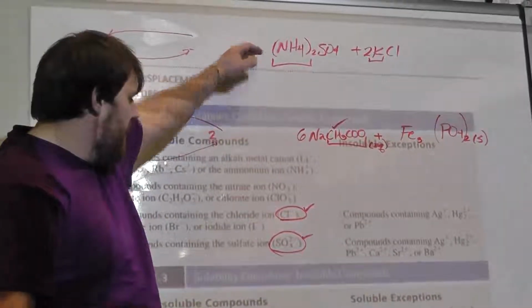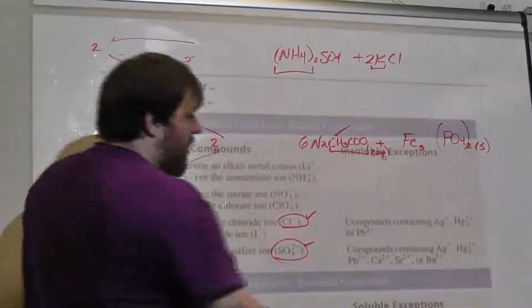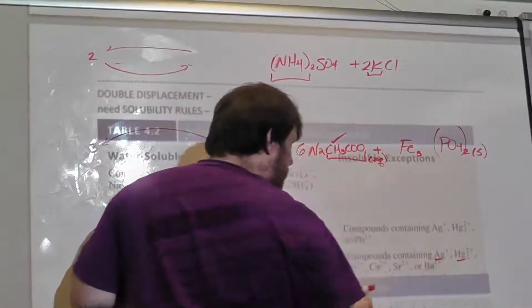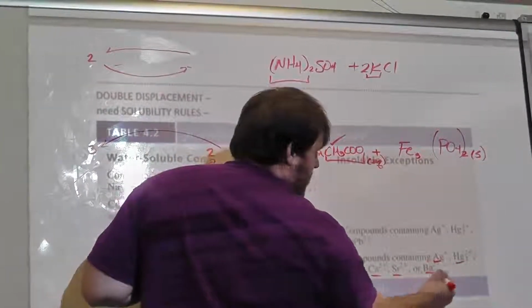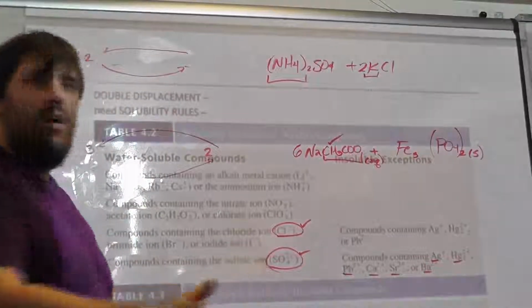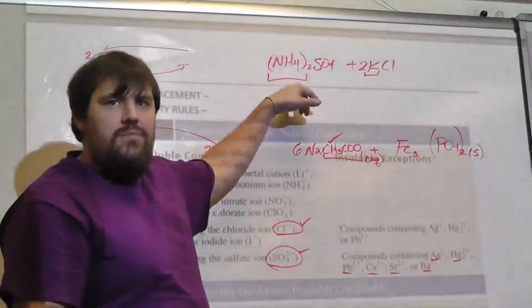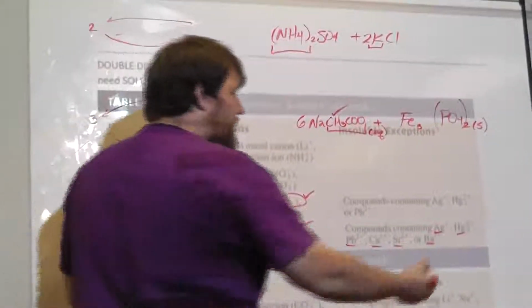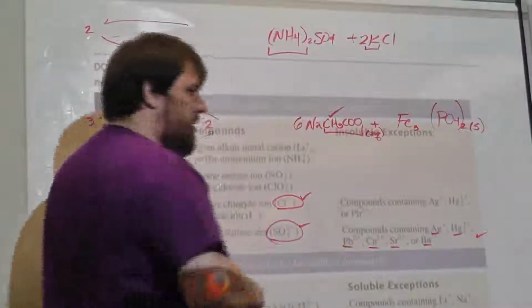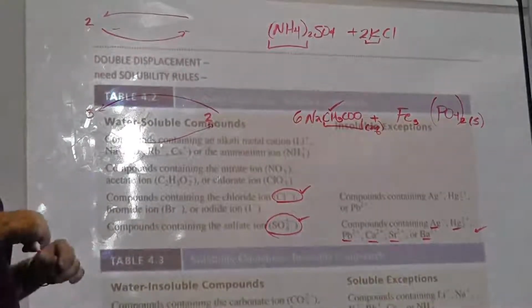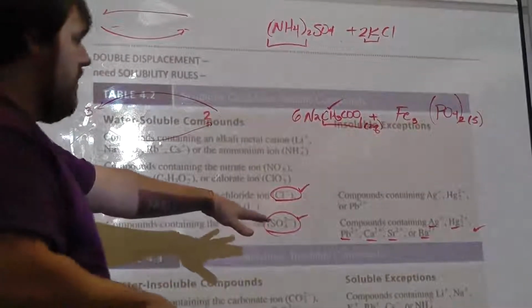So when the sulfate rule is paired with silver, that's actually dimercury, lead, calcium, strontium, or barium, it will be insoluble. Is that sulfate with any of those guys? No. So he's still okay. So he's still going to be soluble. If you'd had one of those metals, automatically he's your solid. But since you don't, he's still soluble.